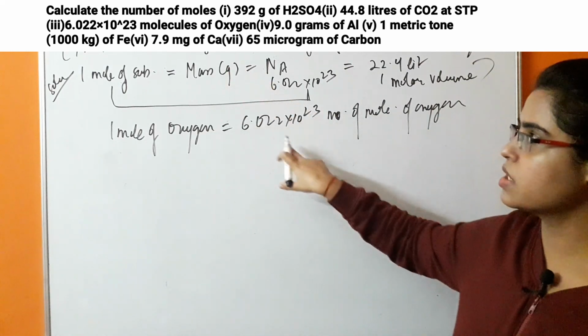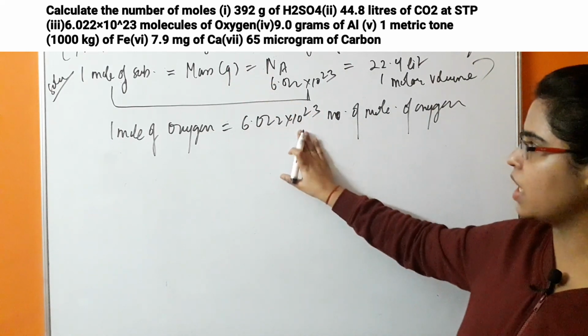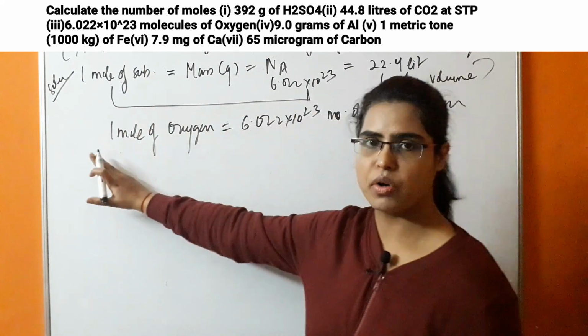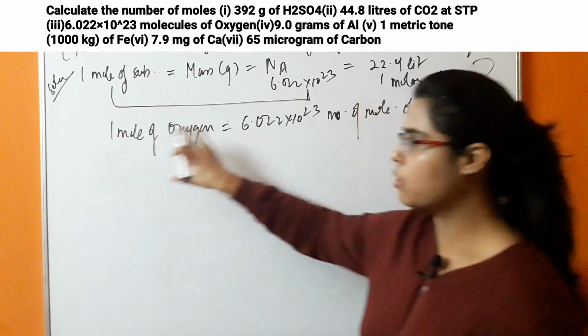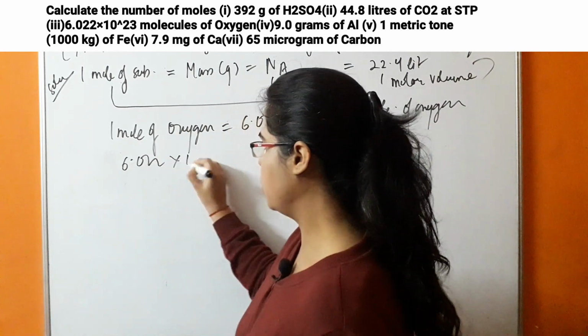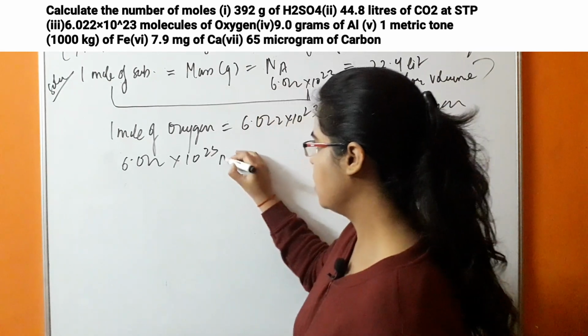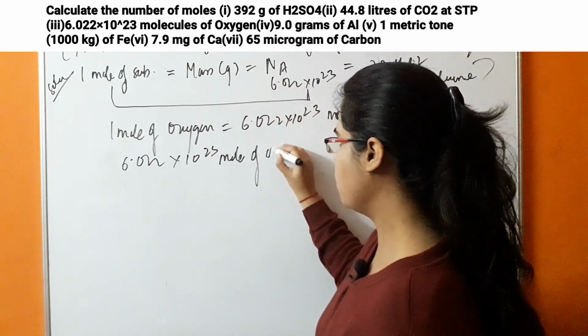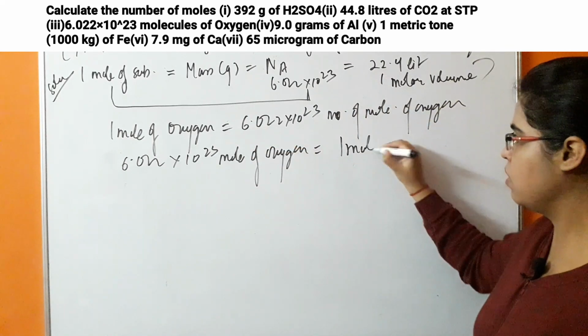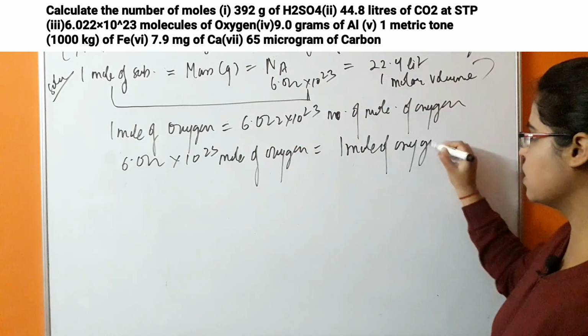In the question, what is given? The number is given. So we write the standard relationship in such a way that the number comes on the left and the mole comes on the right. So 6.022 into 10 to the power 23 molecules of oxygen is equal to 1 mole of oxygen.